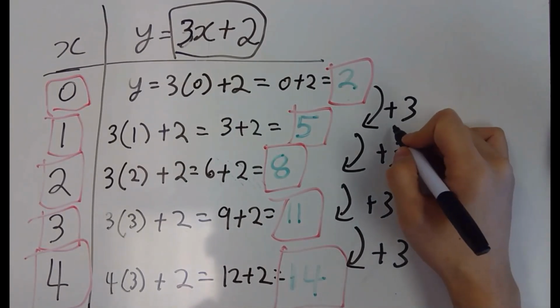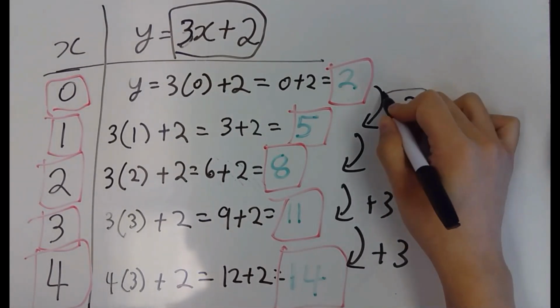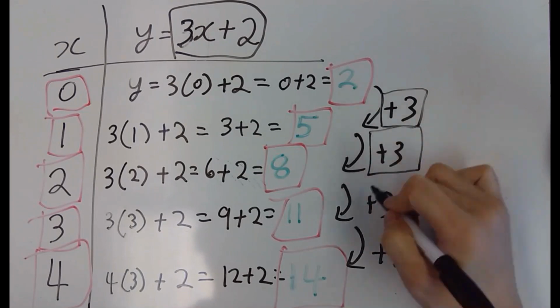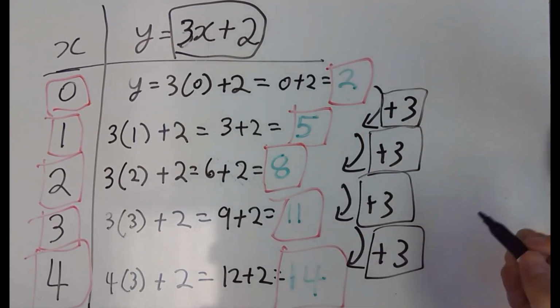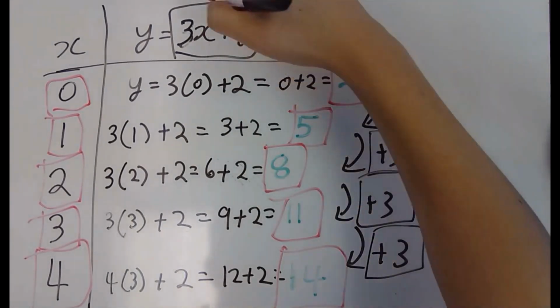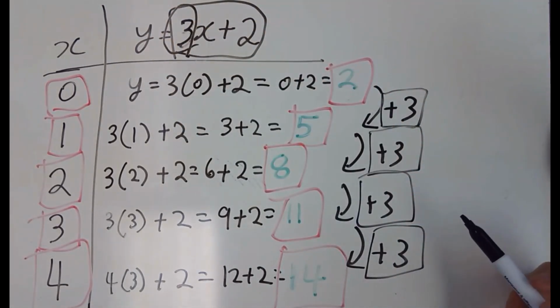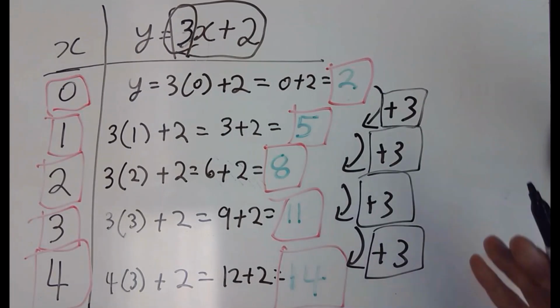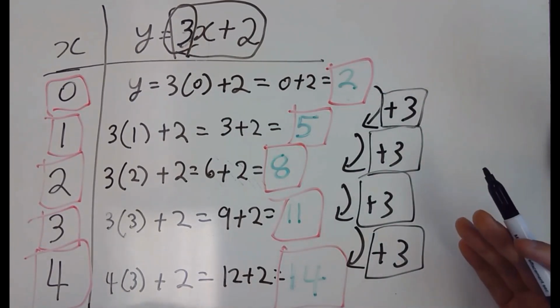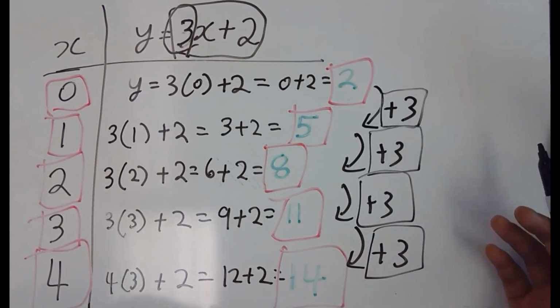And you notice that it's specifically going up by plus 3. Where else do you see the plus 3? It's over here in front of the x. Now, would that be a coincidence? That's something I'll tell you in a bit.